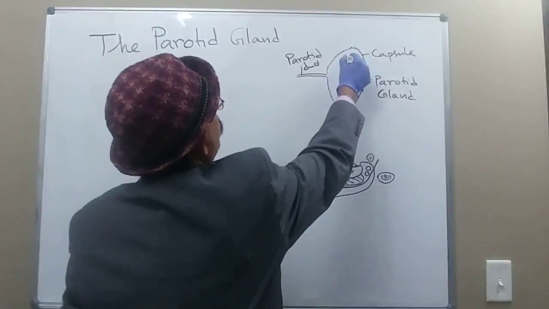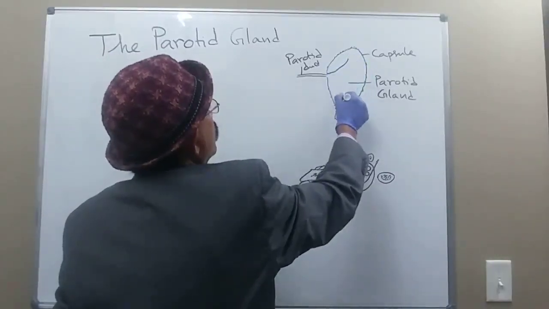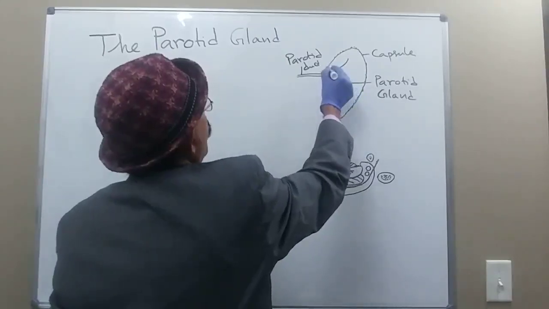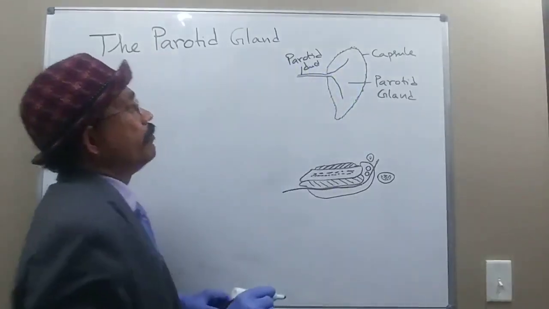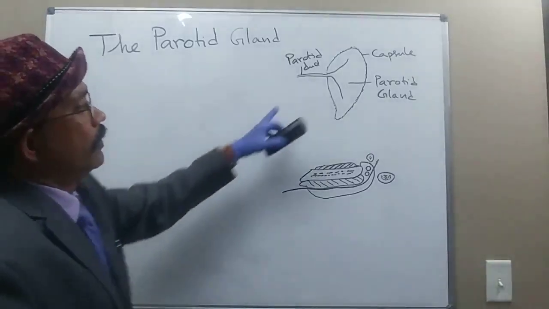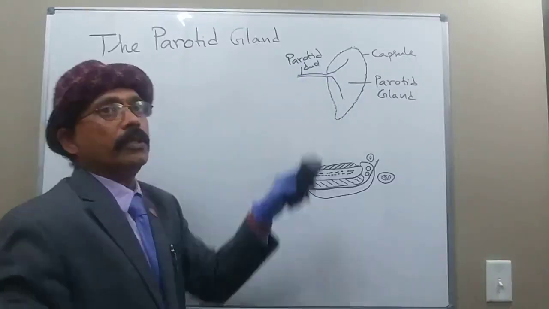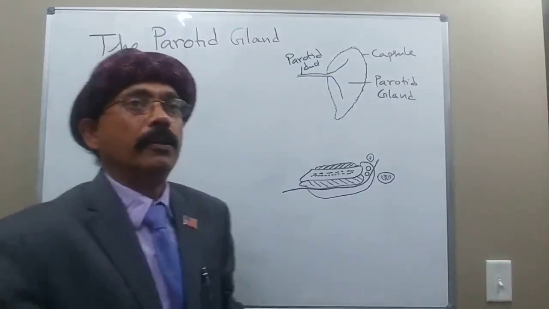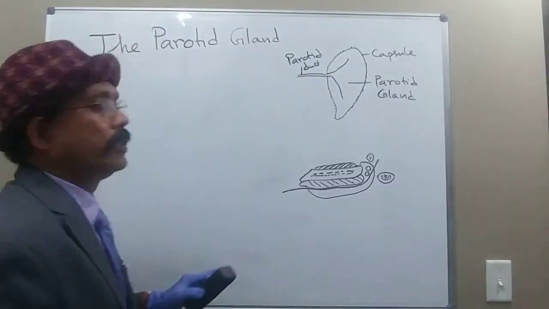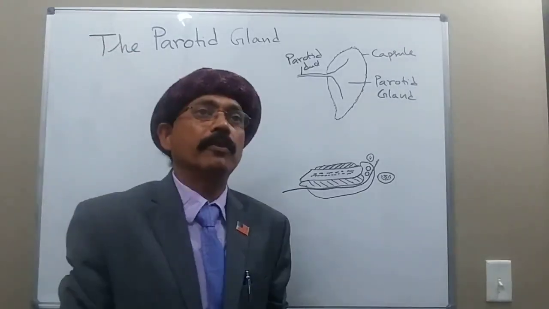On X-ray sialography, usually two minor ducts form one main parotid duct. It is thick walled, around 5 centimeters in length, and passes over the masseter muscle.